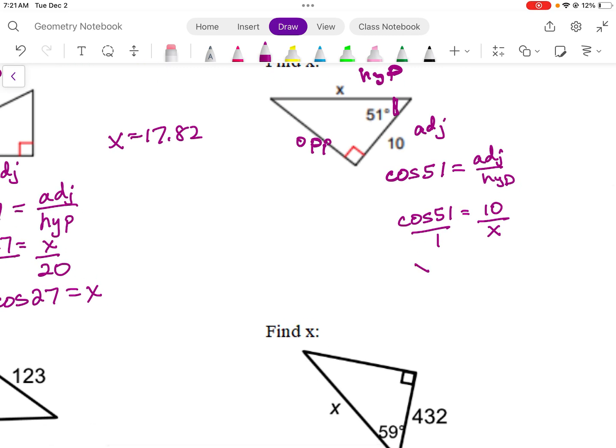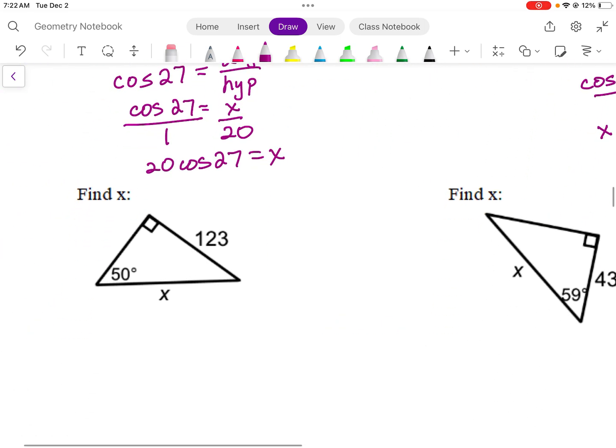When I cross multiply, I get x times the cosine of 51 equals 10. Divide by the cosine of 51, so 10 divided by the cosine of 51. My calculator says x equals 15.89, which is good because it's longer than 10.